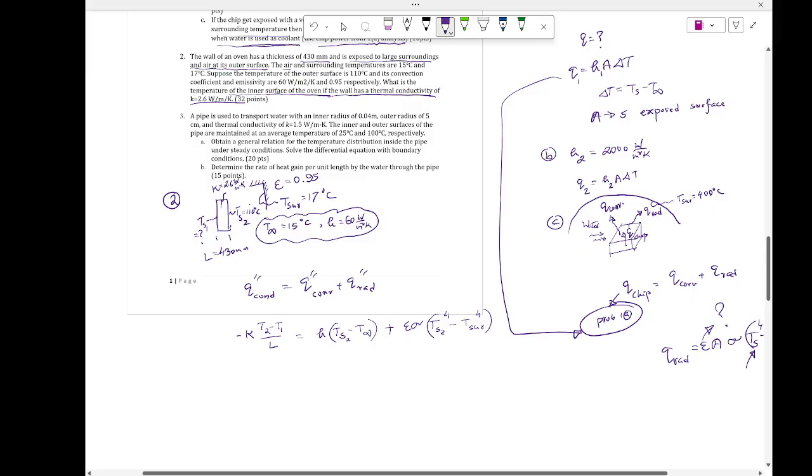Now here T1 and T2 can also be written as Ts1 and Ts2. So can you solve this equation and find the value of Ts1?